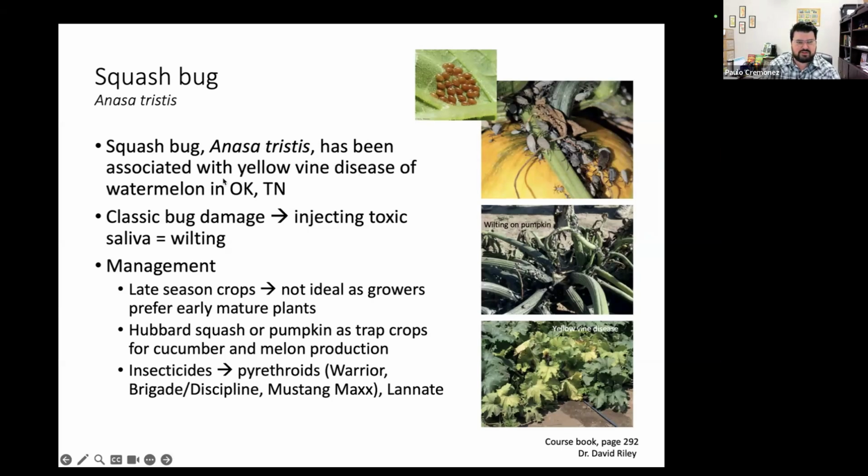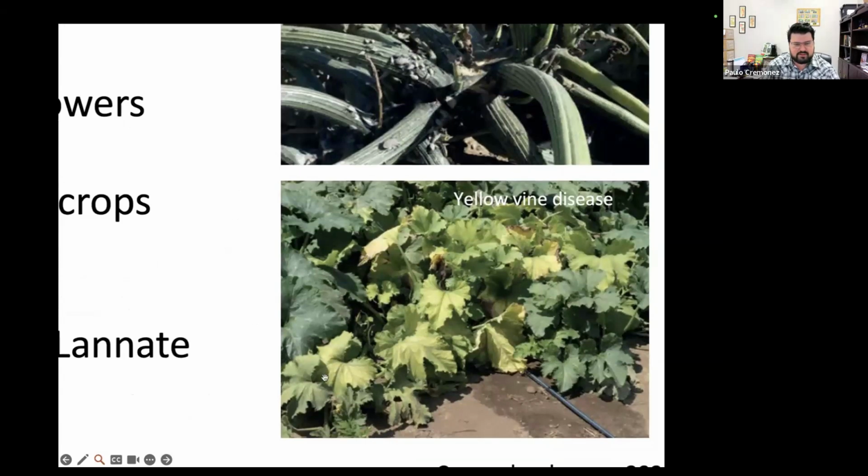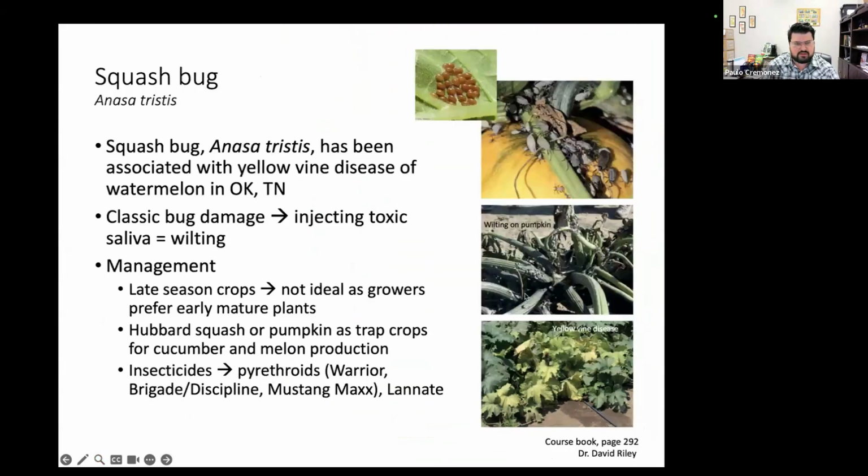This pest has been associated with yellow vine disease of watermelon in Oklahoma and Tennessee. Right here, this is an example of the yellow vine disease, a pocket of plants with the chlorotic characteristics in the middle here. This can be associated with squash bugs.